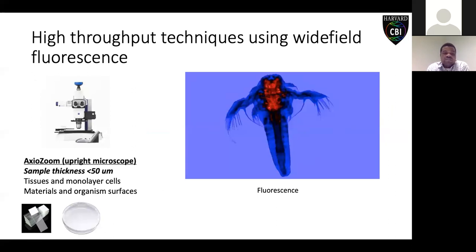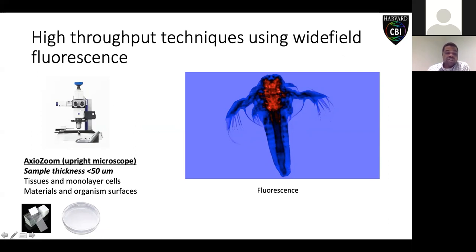And the third wide field microscope that I'll discuss is the axial zoom. For me, it is one of the instruments that I find very useful, but less used. And the reason is that it has a very unique feature in which your zoom is an optical zoom happening within the tube lens here.